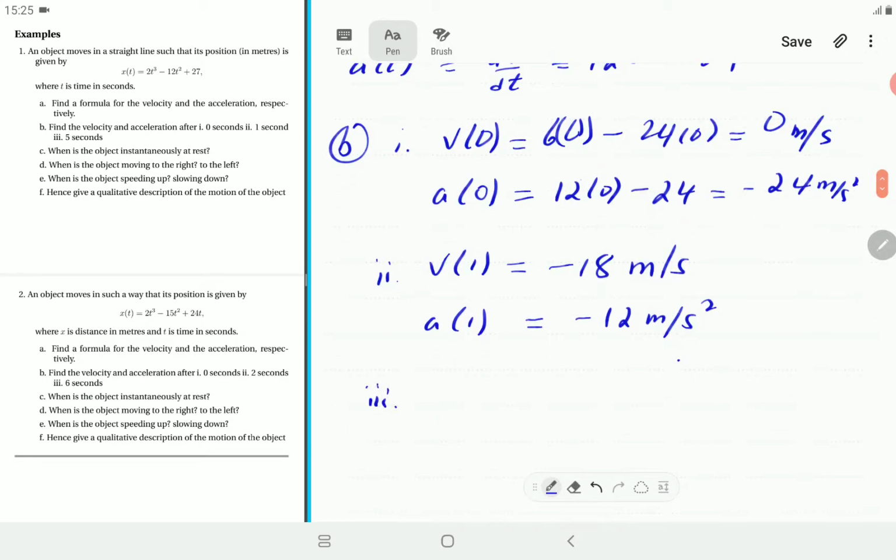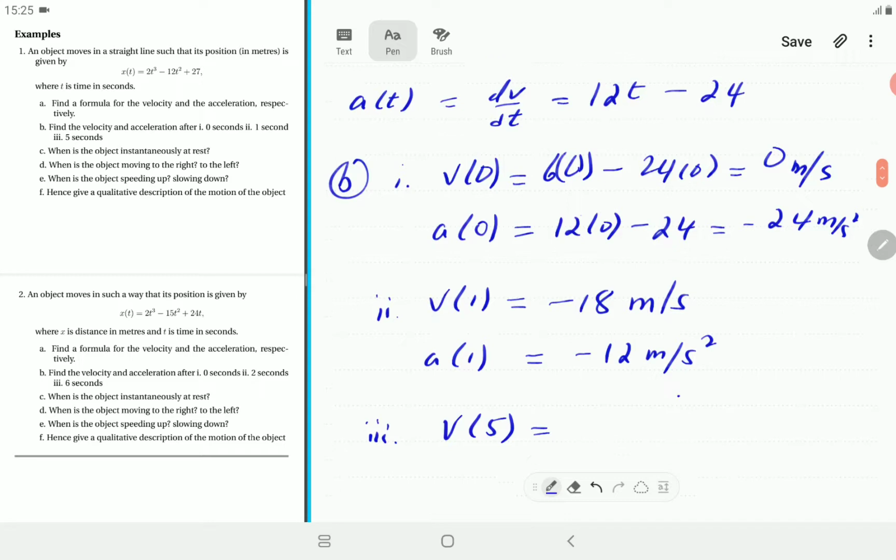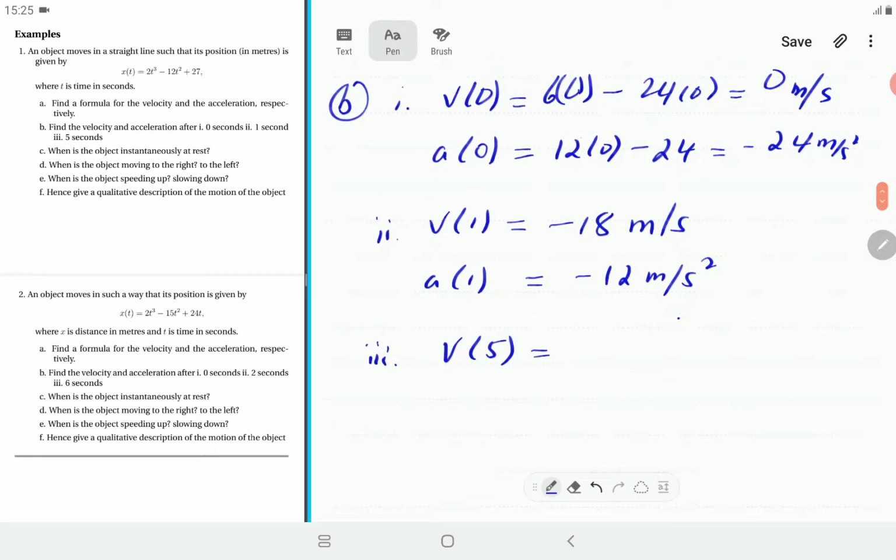Then in part 3 we want the velocity and acceleration after 5 seconds. So this time we're going to plug t is 5 into this formula. The velocity formula is going to give us 6 times 5 squared minus 24 times 5.